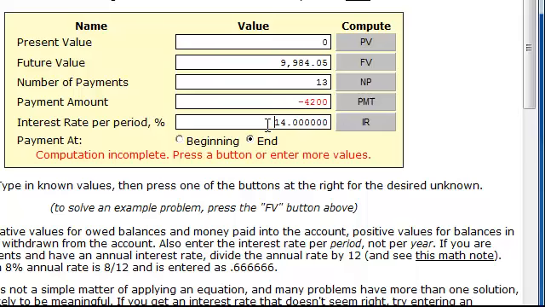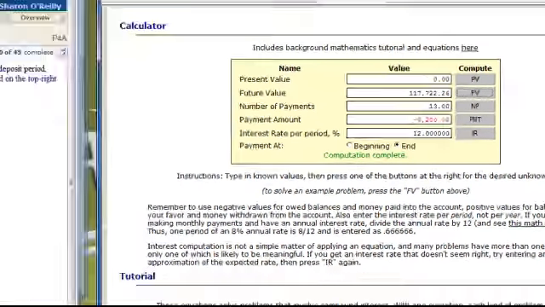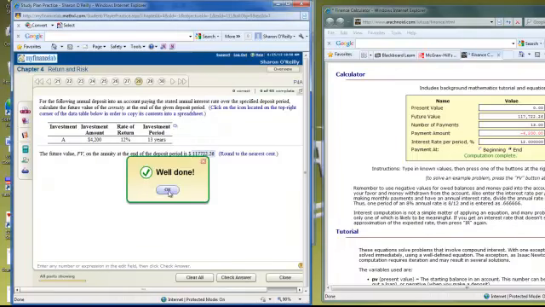And the interest rate per period entered in as a whole number is 12. A lot of times I zero out the future value before I calculate. Then I calculate future value, $117,722.26. And I check my answer. Yay!